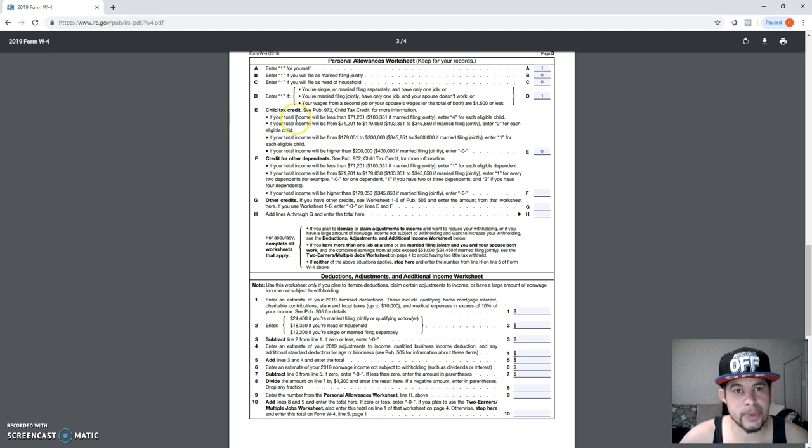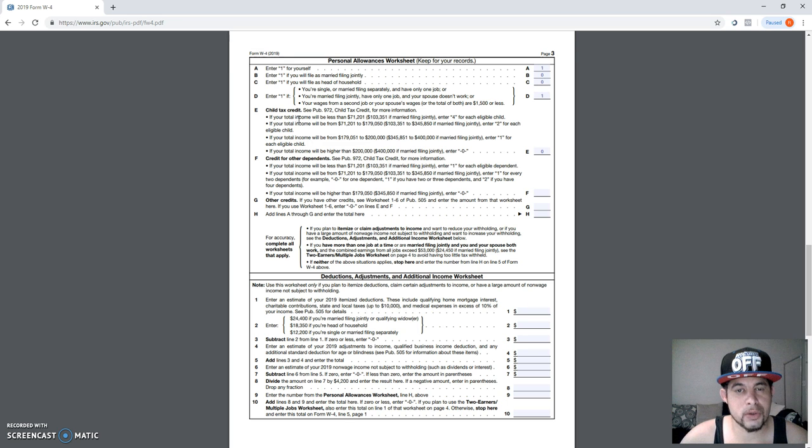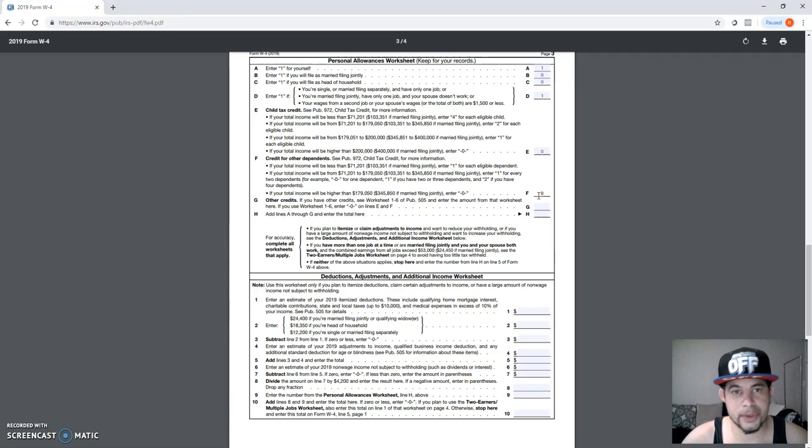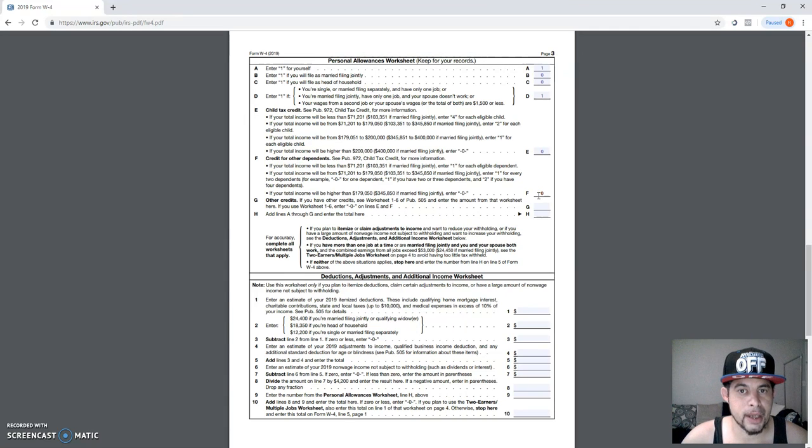E, I also put a 0. This goes over the child tax credit, which I don't have, since I don't have any children, so I'm not going to go over that information. Also, F, I put a 0 because I have no dependents, and so I really don't know much about that information either. If you do have children or dependents, then you kind of have to do your own research on that yourself.